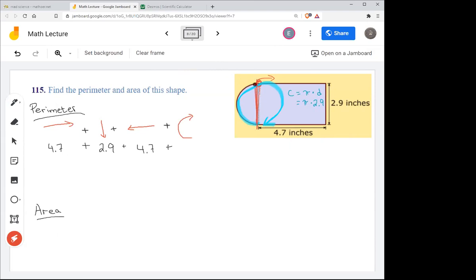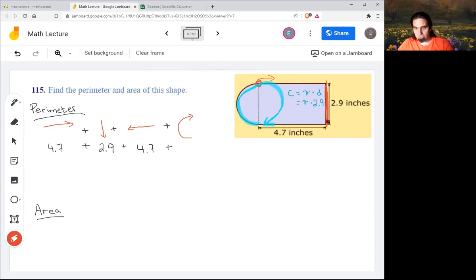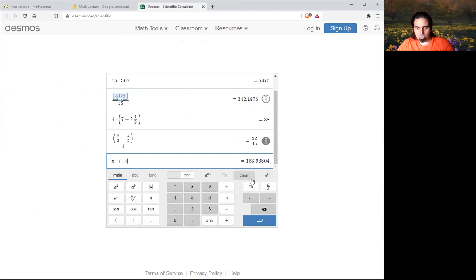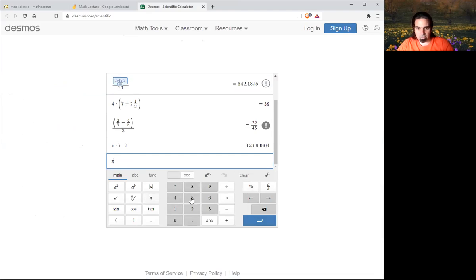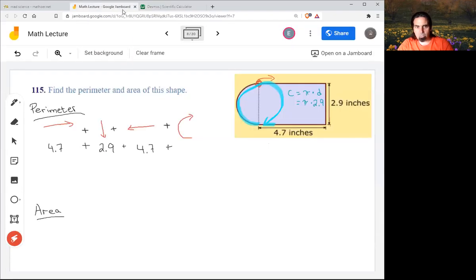Yeah, this matches that. So pi times 2.9, so about 9.1. I'll go to 2 decimal places, why not?